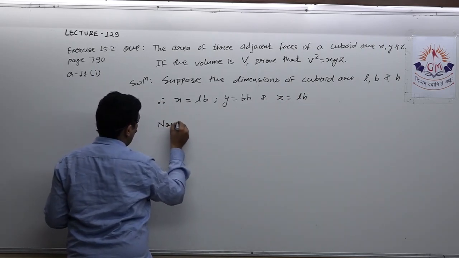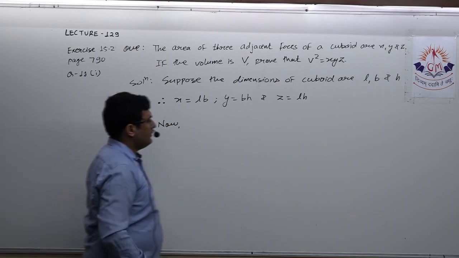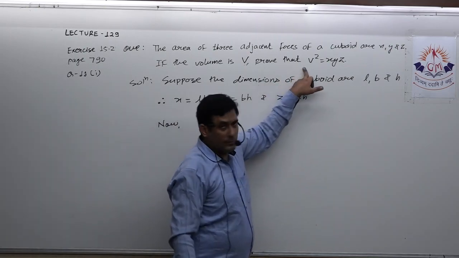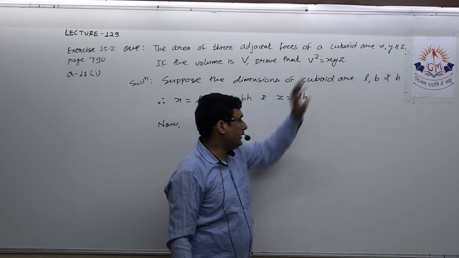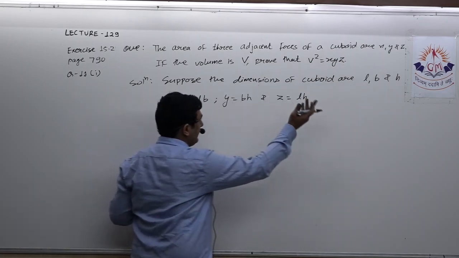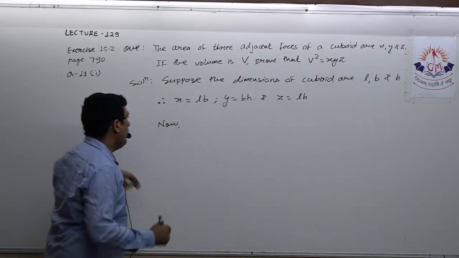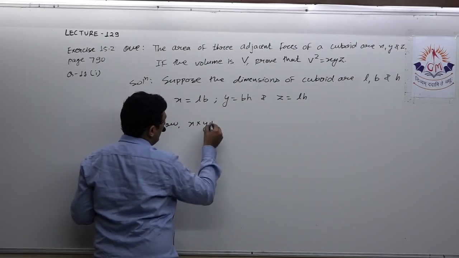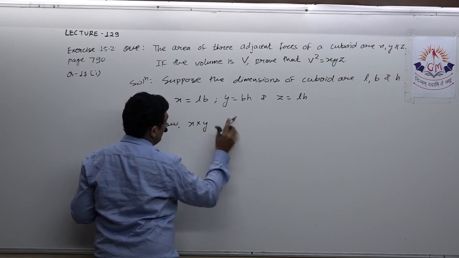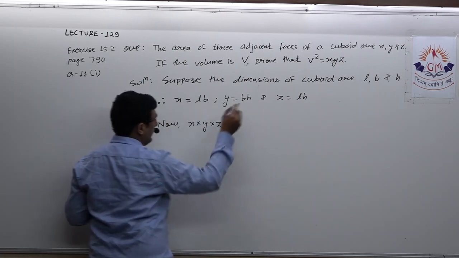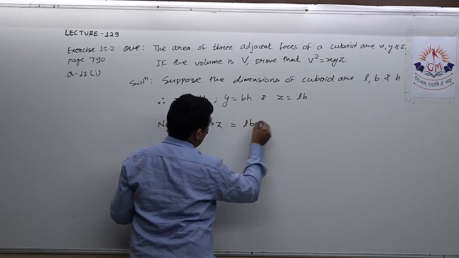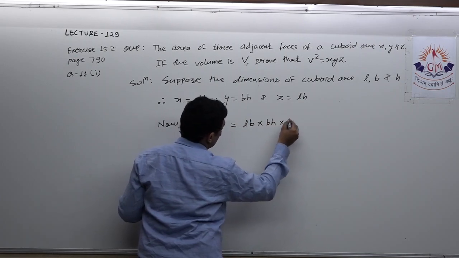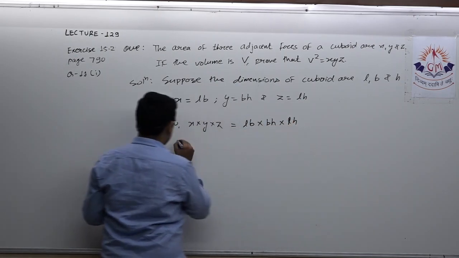Now there are two ways. Either I can start from the left hand side to get the right hand side, or start from the right hand side to get the left hand side. Simply, X multiplied by Y multiplied by Z is equal to LB into BH into LH.